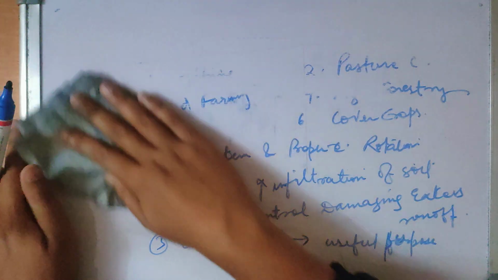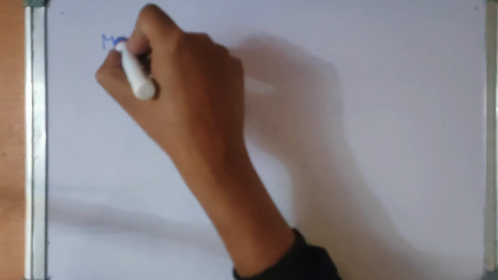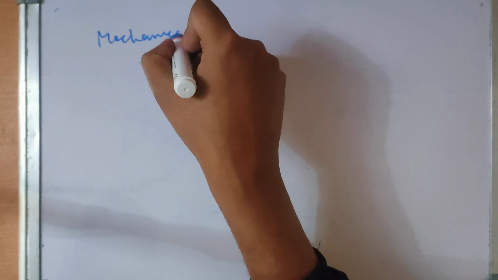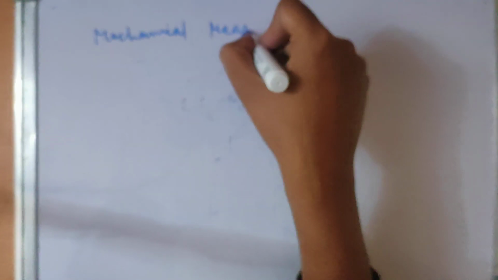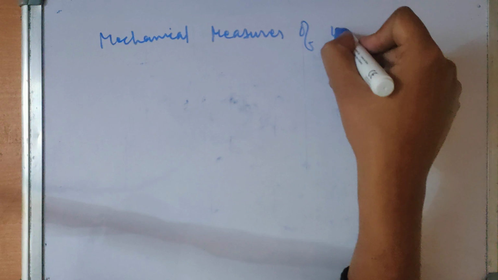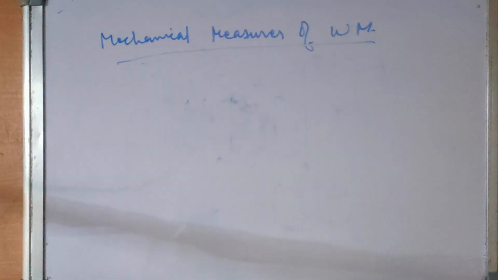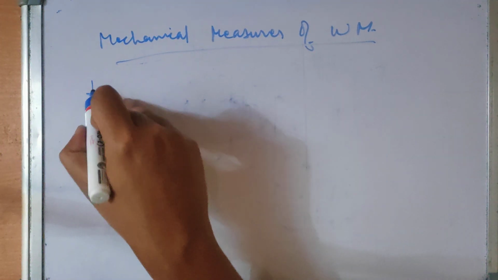Now what are the mechanical measures of watershed management? What do we do mechanically to enhance watershed management?